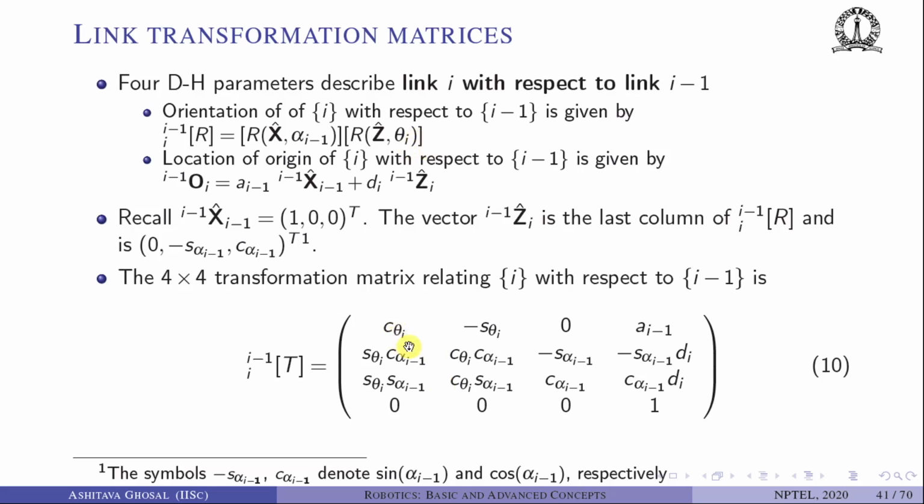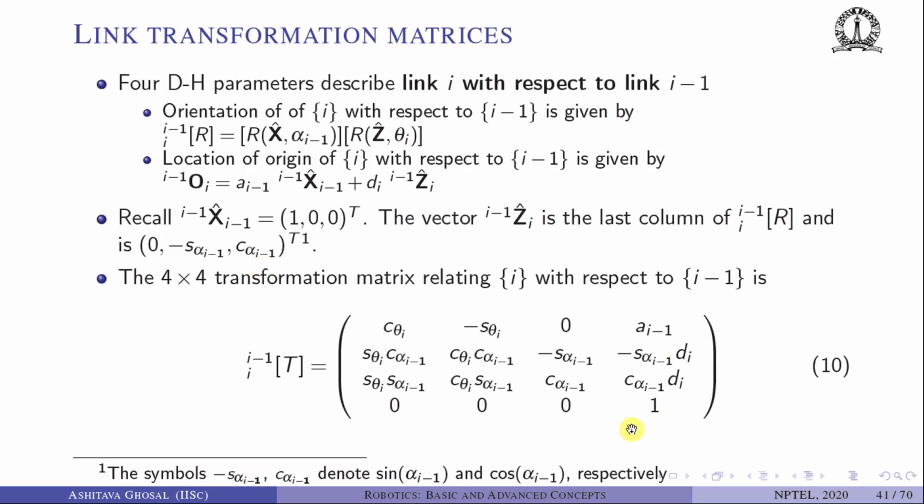So you will get cos theta_i, minus sin theta_i, 0, and various sines and cosines of theta and alpha. The last column is the translation, which is a_{i-1} times (1, 0, 0) plus d_i times (0, minus sin alpha_{i-1}, cos alpha_{i-1}). And the last row is 0, 0, 0, 1.